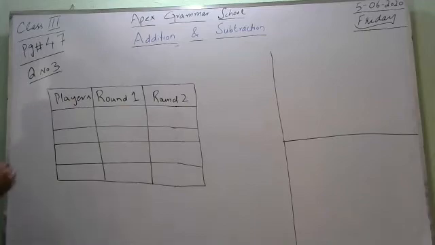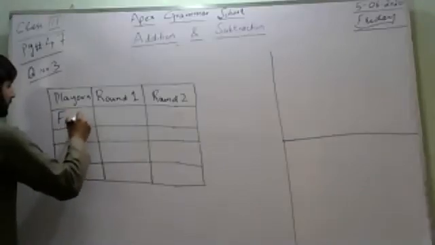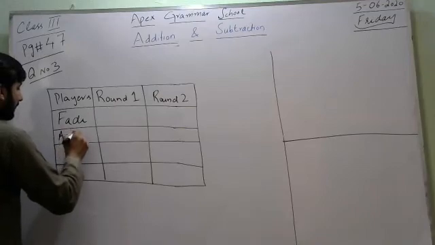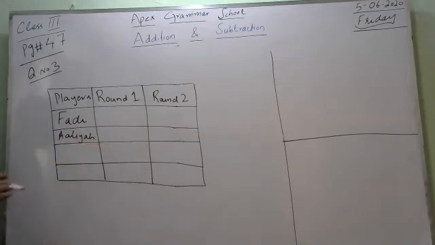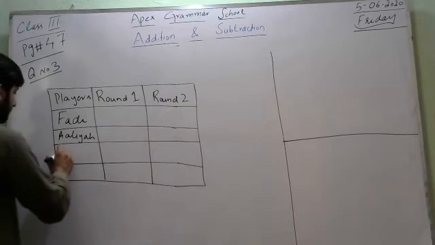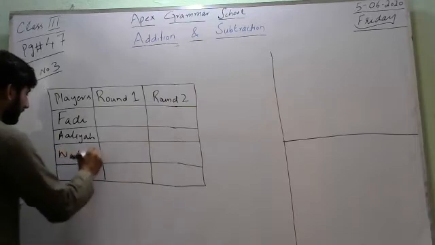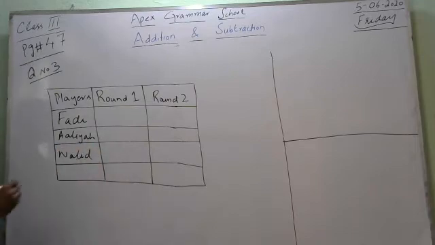First player is Fadi. Second is Alia. Then Walid. And last is Jana.